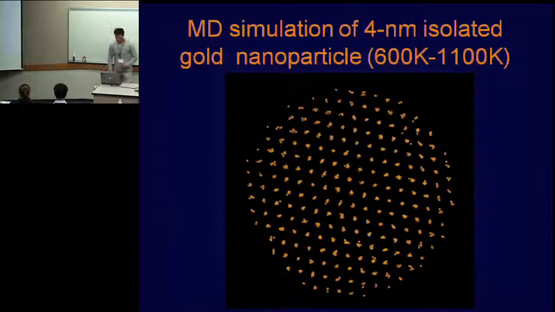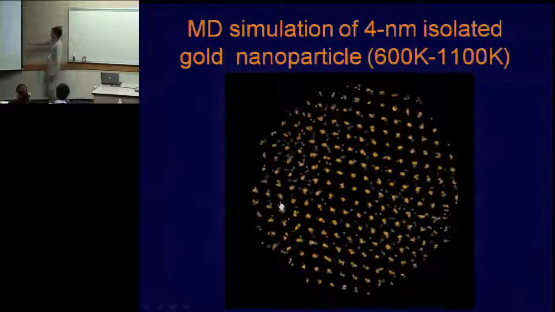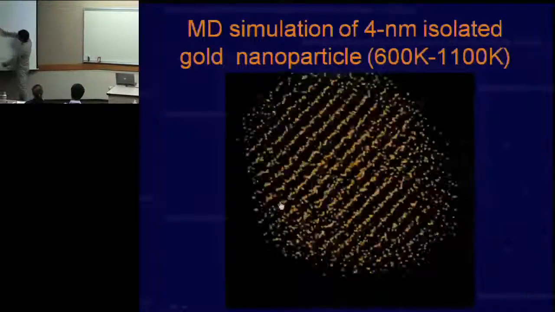So what do we do? First of all, unfortunately, this is already at a scale where it becomes a little difficult to do this quantum mechanically at the MD level. What I want you to see is that the faceting changes as we go up with the temperature.